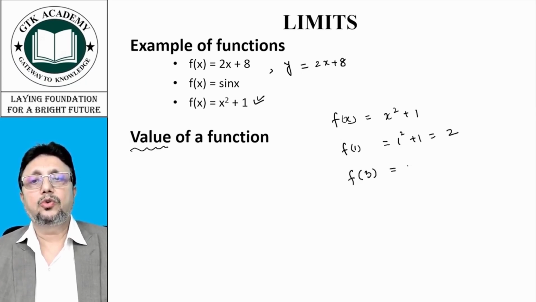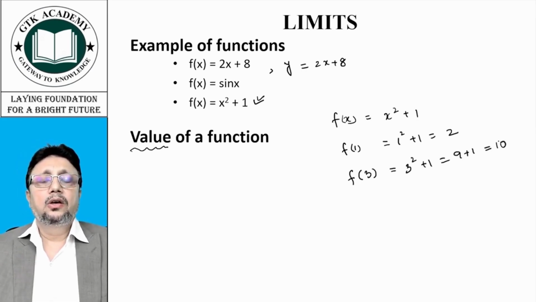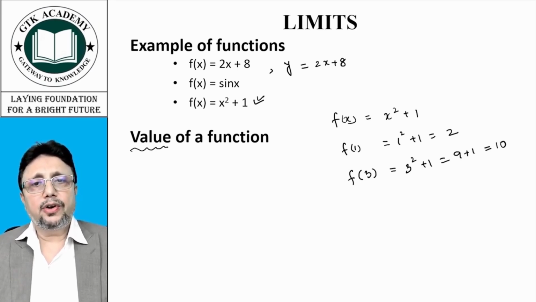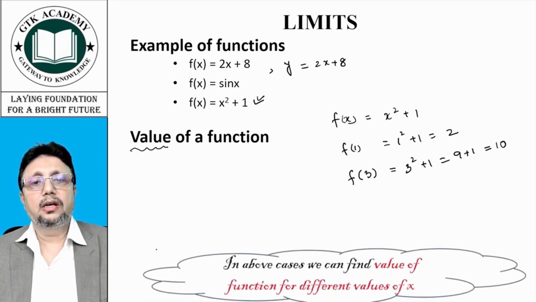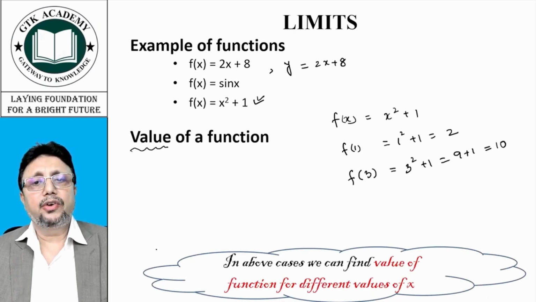It comes out to be 3² + 1, which is 9 + 1, which equals 10. So we can put different values of x and we'll get the value of f(x). That's how we find the value of a function.